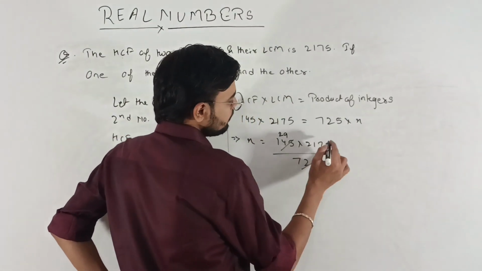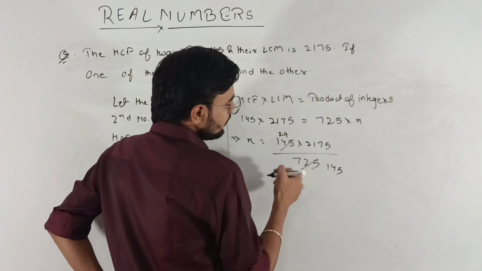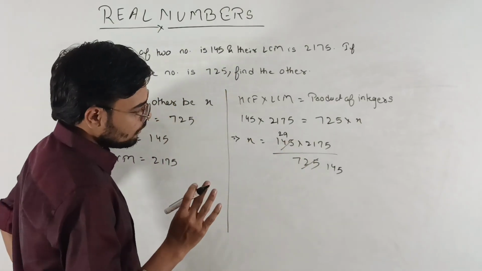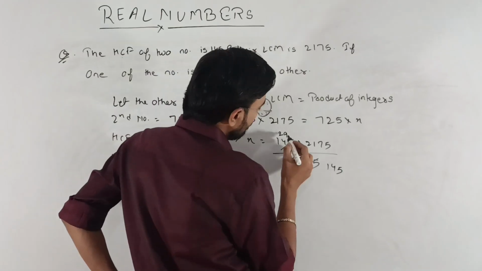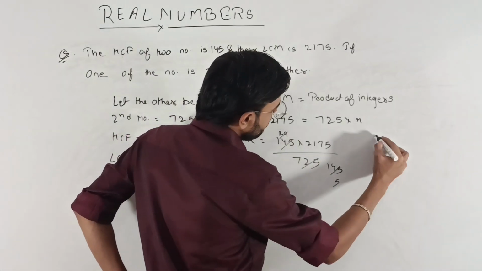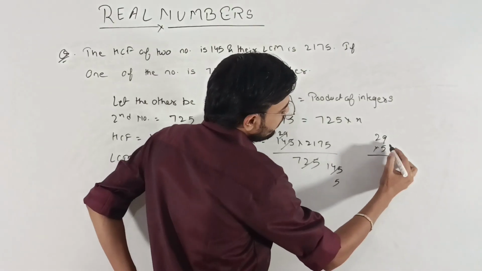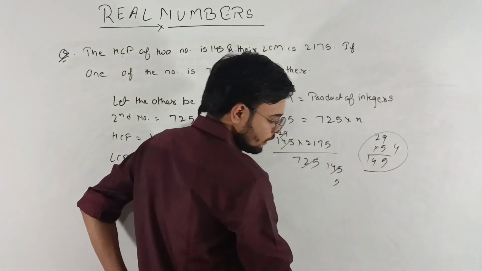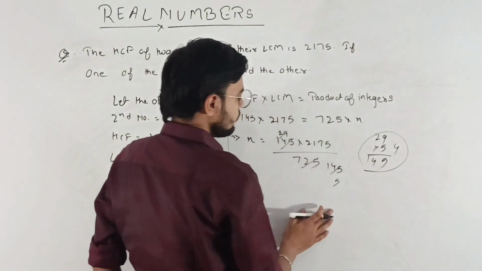Now cancel this 5 again. 29 fives are 145. 9 fives are 45, carry 4. 5 twos are 10, 11, 12, 13, 14. So 29 fives are 145. Okay.